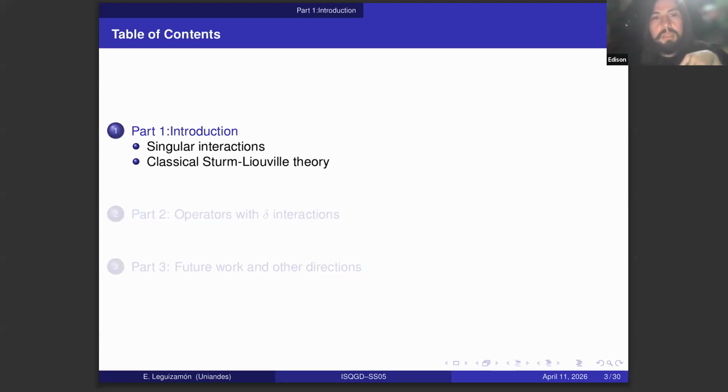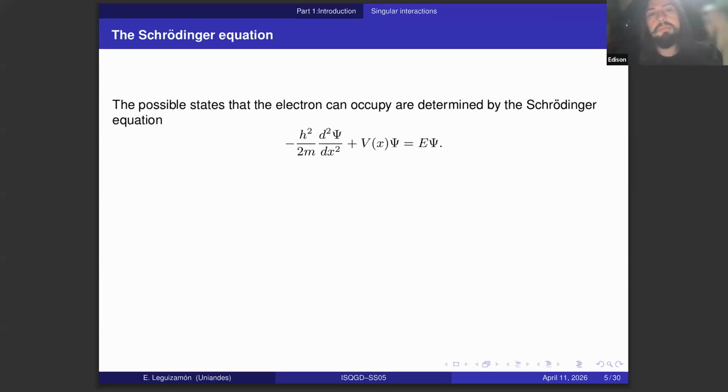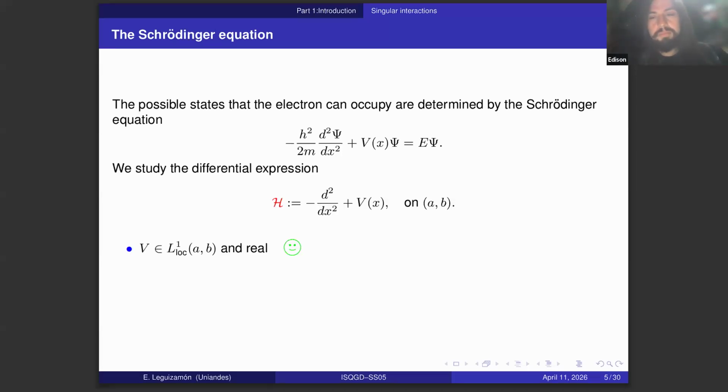So let's start with the singular interactions. We know the Schrödinger equation has this form. It calculates the energy states, and it reduces to the study of this differential expression. Please take into account this H, that is the normal differential expression of a Schrödinger operator.